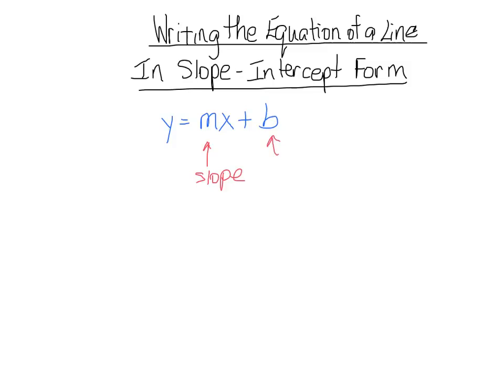The b is going to tell us our y-intercept, and the y-intercept is just where our line crosses the y-axis. So that's our m, that's our b, and x comma y is any point on the coordinate plane, any point on that line that we're trying to describe is represented by x and y.